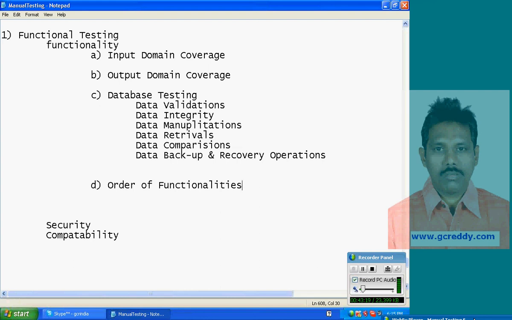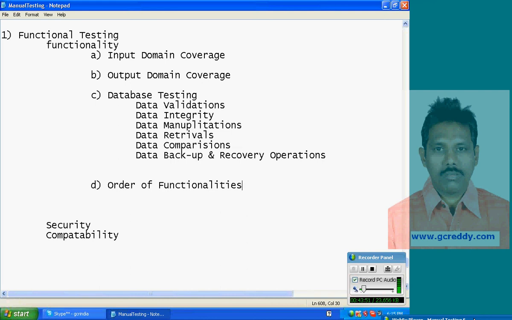Example, take the Gmail login operation. First step, launch Gmail home. Next, enter user ID, password, click on the sign in button. Then you get your mail home page. After that, you can view your mails, open your inbox.